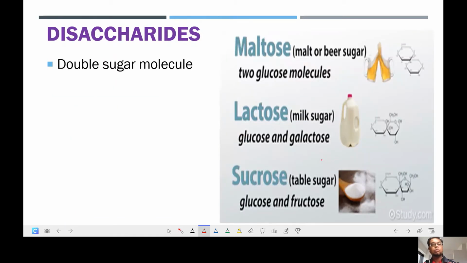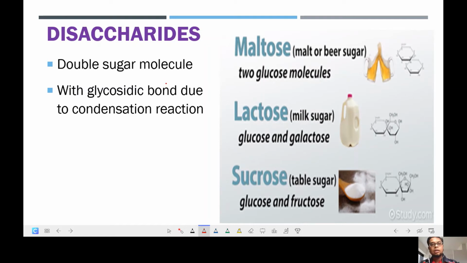Now let's move on to the disaccharides. They are considered a double sugar molecule. Why? Because one molecule of disaccharide consists of two molecules of monosaccharides that are joined together.